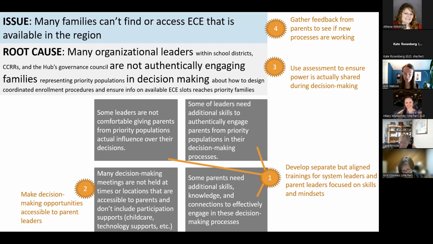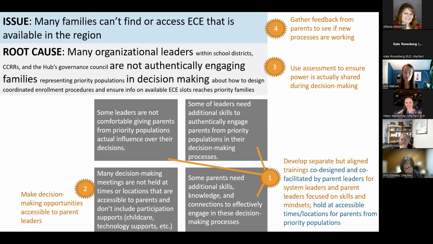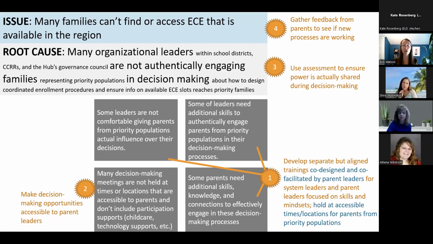All right, so here's one you may have come up with. What if instead of just having hub partners develop those trainings, you co-design them with parent leaders and actually have parent leaders help co-facilitate them, so that it's really owned.